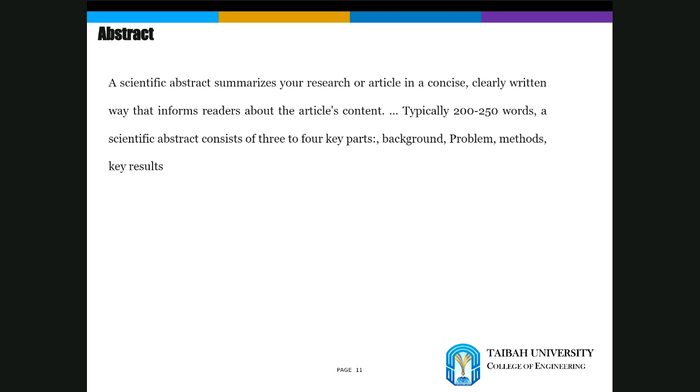If you are talking about wind energy, talk about wind energy generally speaking. Then specify the problem that you're going to solve. What is the problem? And then how to solve that problem: the method, the design, the model that you use in your project.